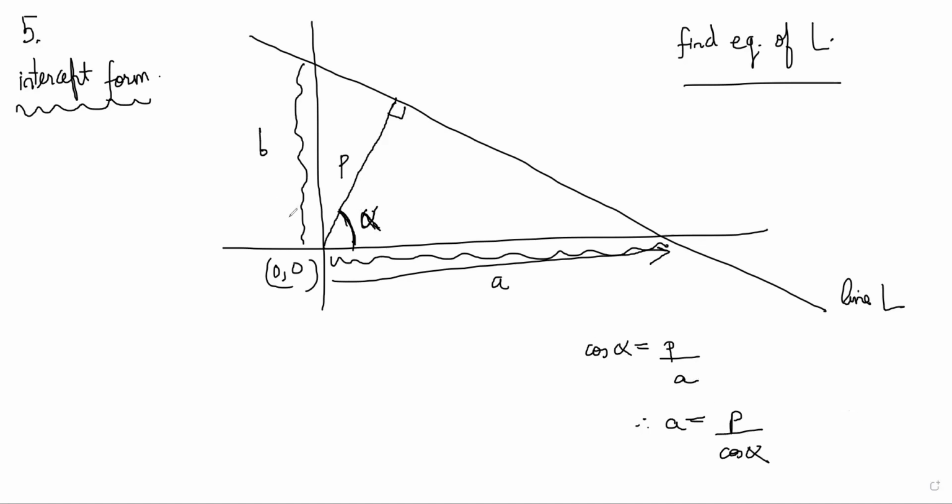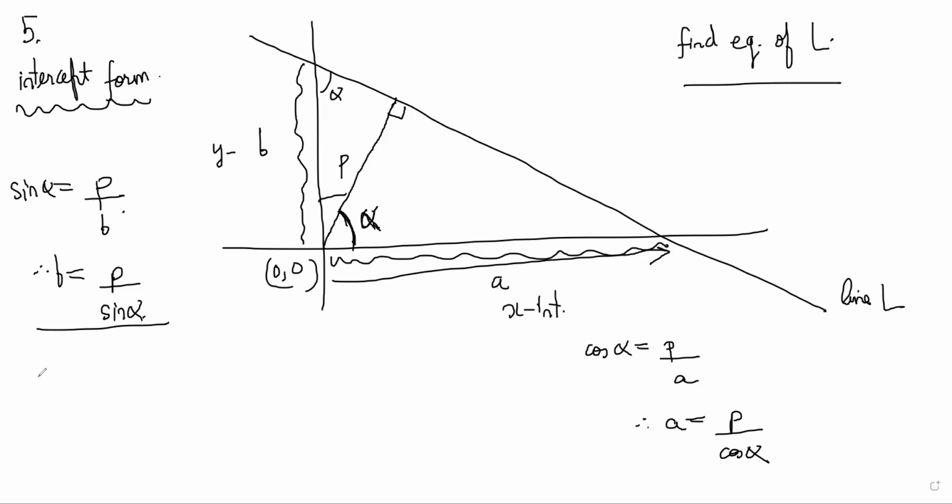and if we call this b, then this angle is 90 minus alpha, this angle is alpha. So we can say again sine alpha is equal to p by b. So therefore b is equal to p by sine alpha. So this is my y-intercept and this is my x-intercept.